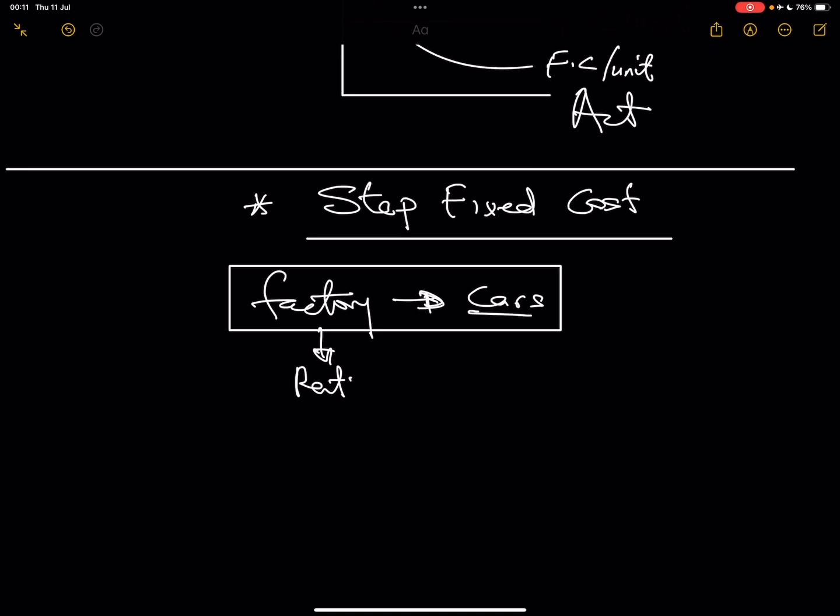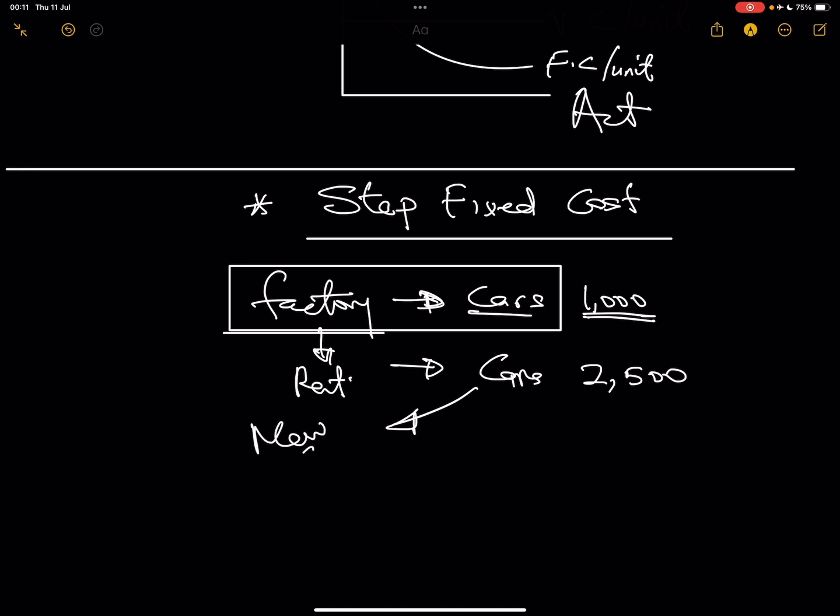However, if you decide to step up your activity, maybe you used to produce 1,000 cars before, and you discover that you want to start producing 2,500 cars because you found a new market. There's a likelihood that you need an expanded factory. So you need to rent additional factory. So you go to rent a new factory. In that case, your rent that used to be at a particular level here will go up because of this new factory.